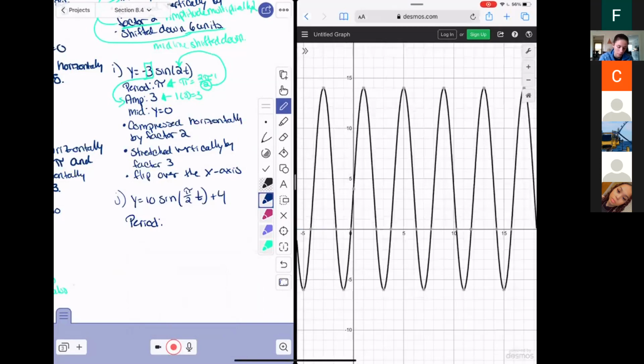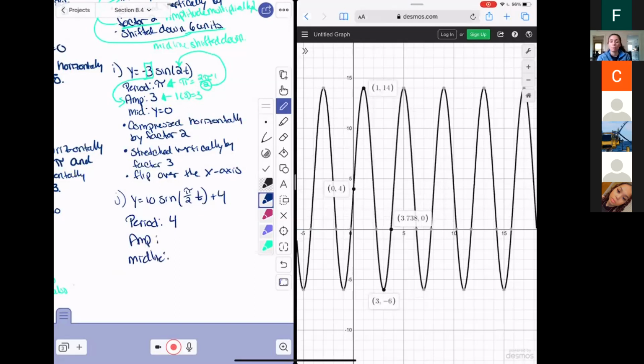We have 4 here. We go up to the peak, down to the bottom peak, and we get back to 4 right here, which is crossing where x equals 4. So our period is 4. Midline.